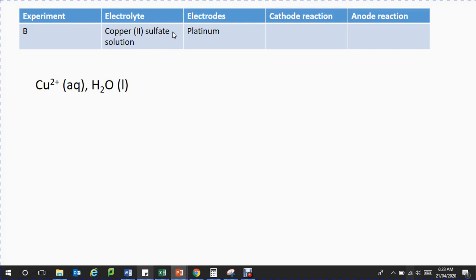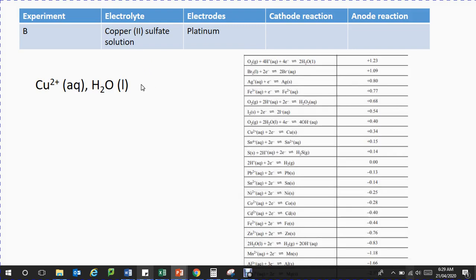If you're unsure, you can always have a look at your electrochemical series and you won't find sulfate on there. It's not going to take part. So my species present are copper 2 plus and water, because it's a solution. I don't need to worry about the sulfate.